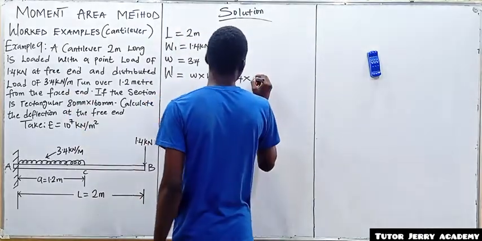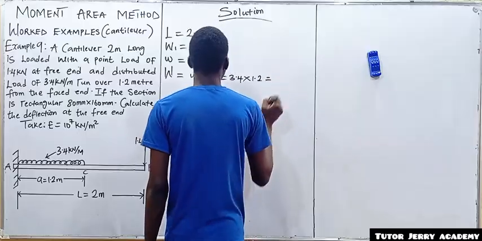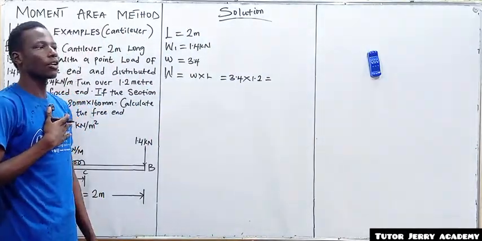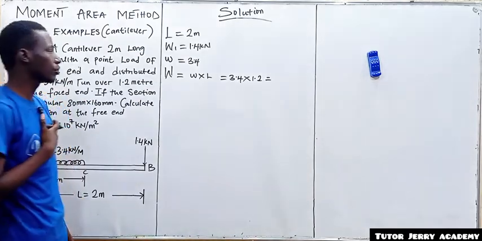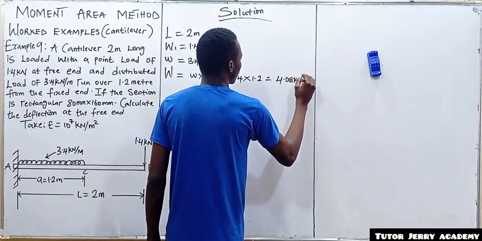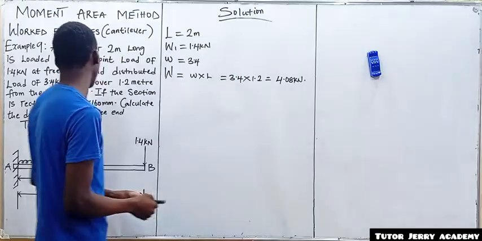So we have 3.4 multiplied by 1.2, and so our W will be equal to 4.08 kilonewton.